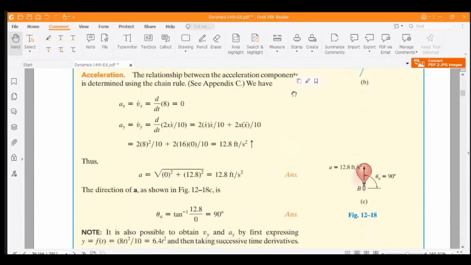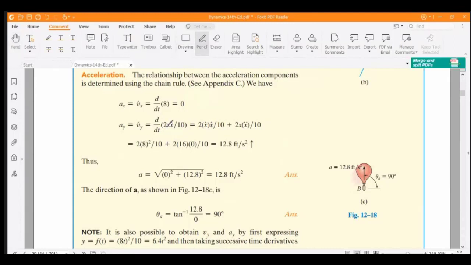Acceleration, similarly, we will differentiate again. In the x direction, there is no acceleration. We understand it because the velocity goes 8, 8, 8, 8, meaning no change of velocity. If the velocity is constant, there will be no acceleration as well. On the other side, if you differentiate again, dx by dt becomes x dot, and this one becomes this.